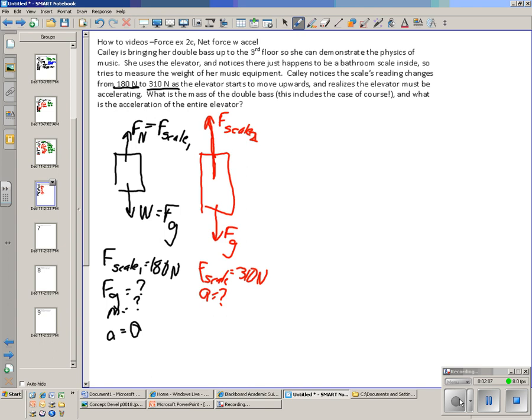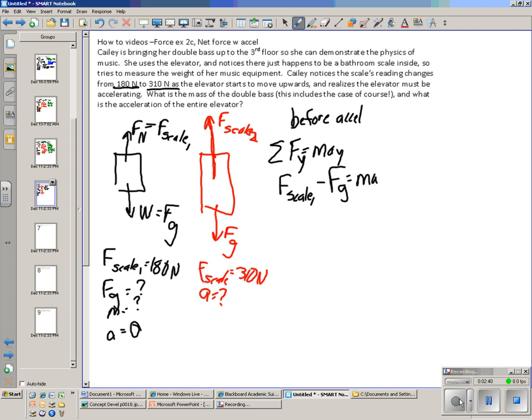So before acceleration, we'd have our F equals ma, and we're talking about the y-axis. So sum of the forces on the y-axis equals mass times acceleration on the y-axis. We have the scale force, which I was calling scale force 1, minus the gravitational force equals mass times acceleration.